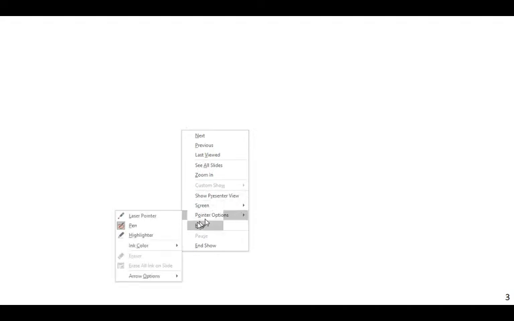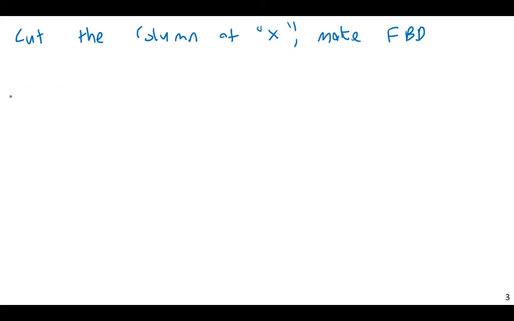Okay, so what I want to do next is cut the column at X. I want to do a method of sections, very similar to what we do in statics, mechanics of materials, or many other structural analysis courses. I want to cut the column at X and draw a free body diagram.